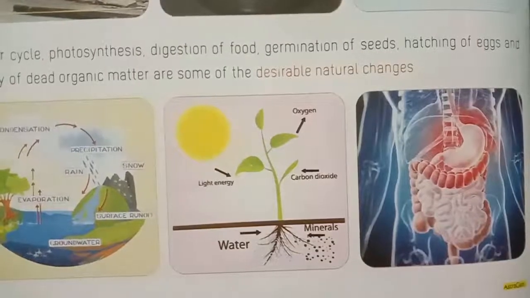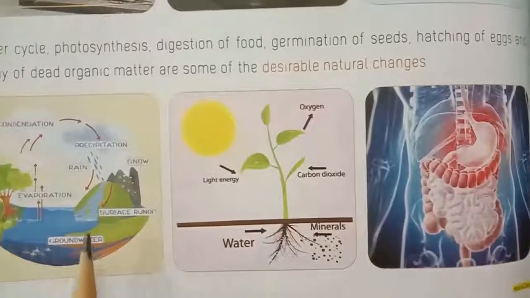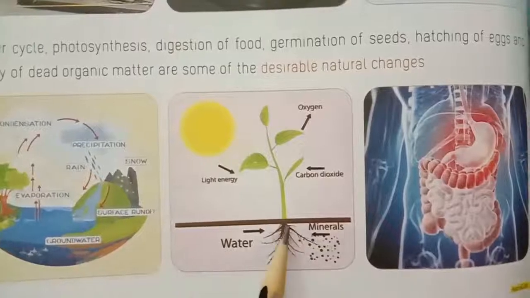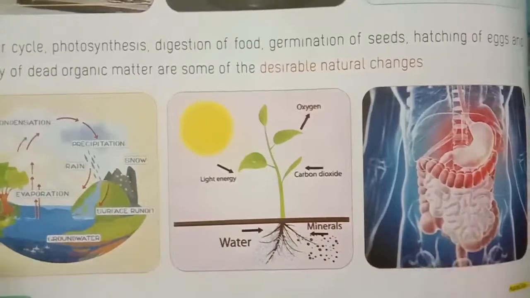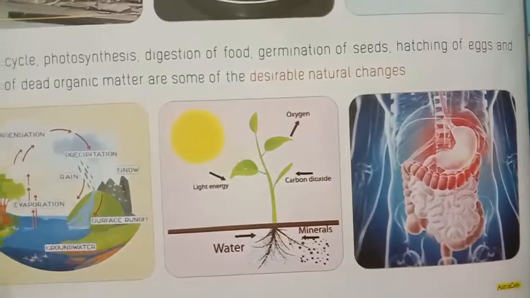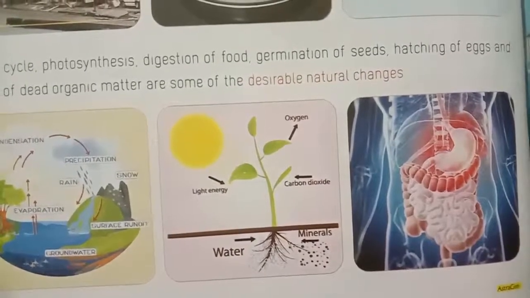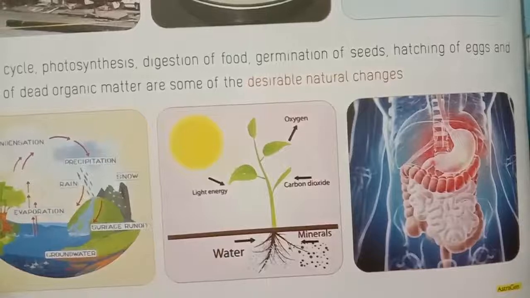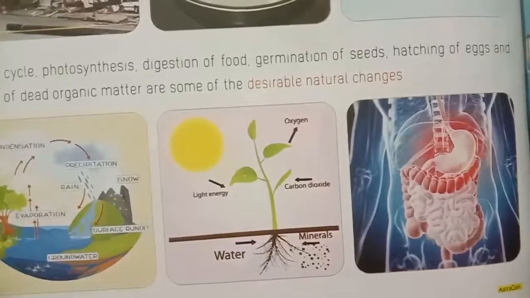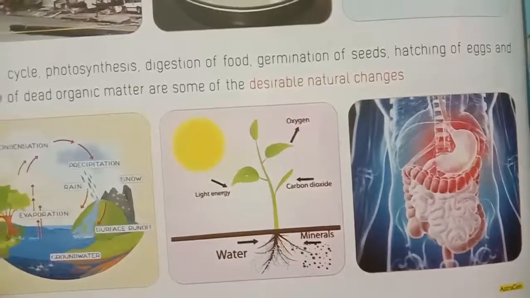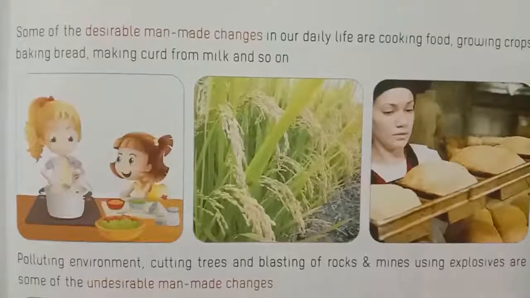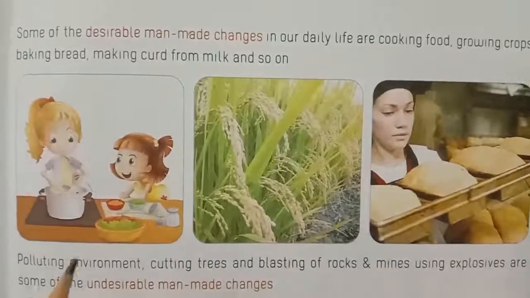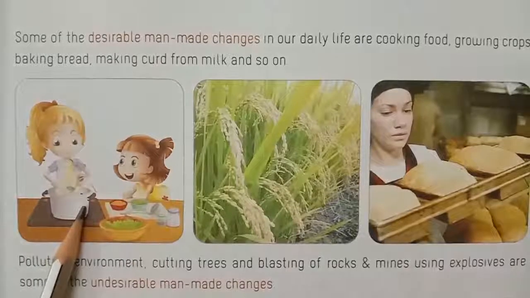Children, observe these pictures: water cycle, photosynthesis, digestion of food, germination of seeds, hatching of eggs, and decay of dead organic matter are some of the desirable natural changes.